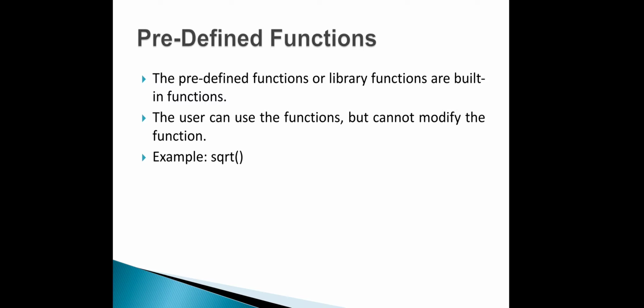Predefined functions are library functions or built-in functions. These functions have three different names: library functions, built-in functions, or standard functions. In this function, the user can use the function but cannot modify the function.